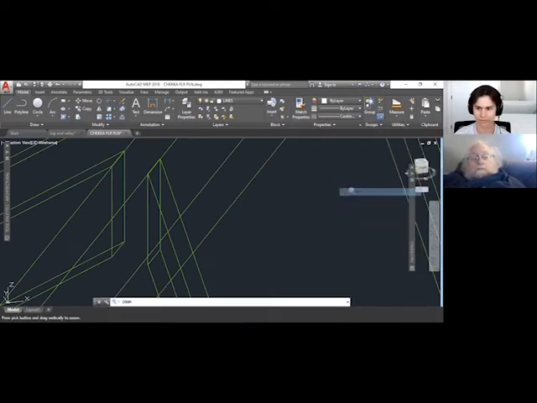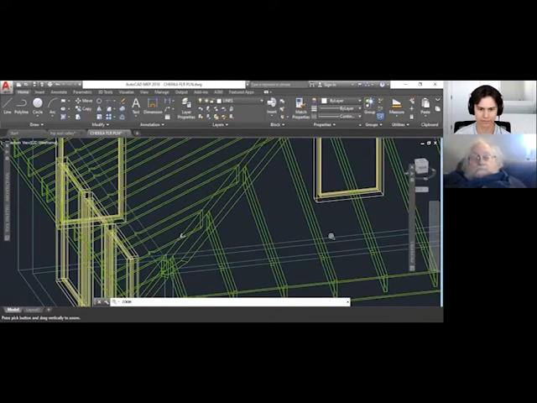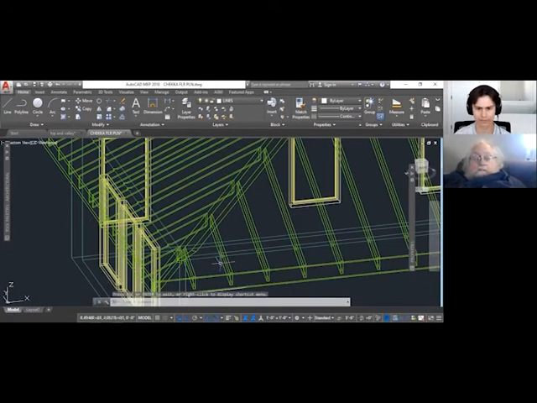The length of the jack rafter at any given point along this wall is determined by a bunch of different factors. One of them is the pitch of the roof, and in this case, it's a 4/12.